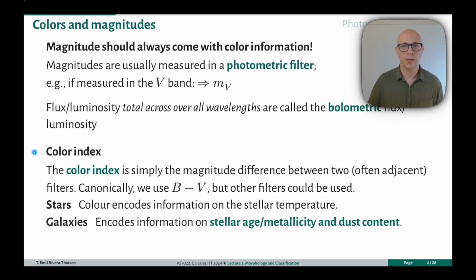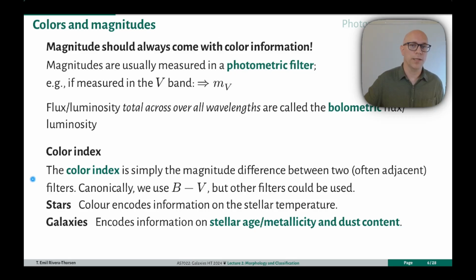It is simply the difference in magnitude between two filters. And oftentimes we will use two adjacent filters, but you don't have to. Canonically, or as a standard, we use B minus V, that is the blue filter minus V, which stands for visual, but it's usually centered around green colors. But other filters can be used too, and often are.